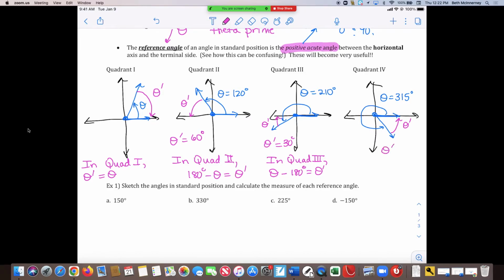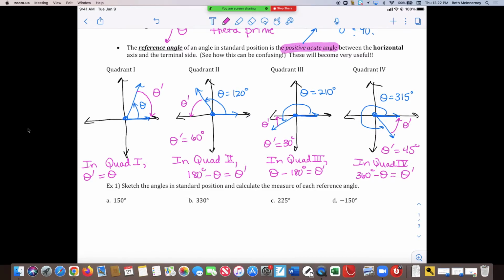So, can anybody figure out what theta prime is? What's the actual number? 45 degrees. All right, well, how did we figure that out? Good job. 360 degrees minus your angle, which we'll call theta, and that will give me theta prime.